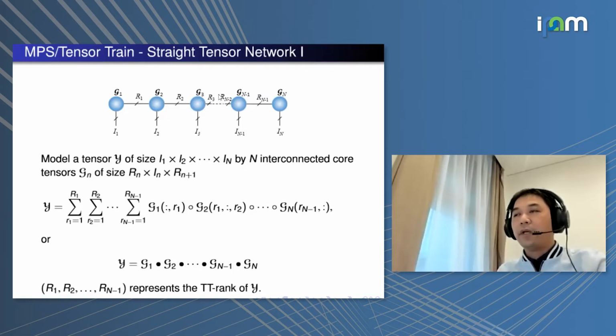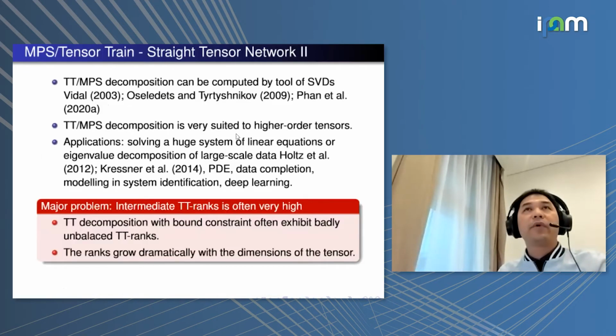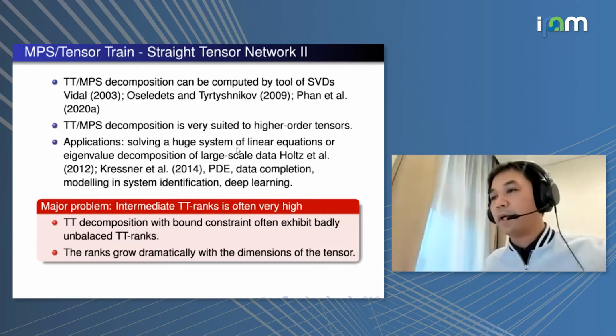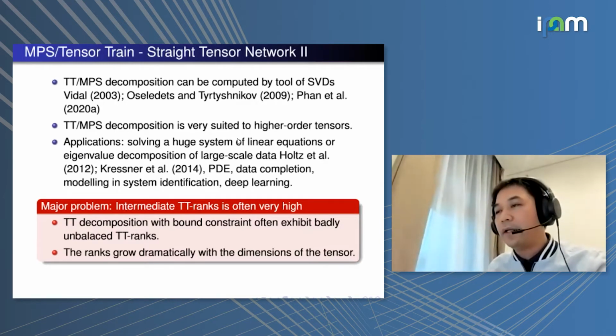So the intermediate core tensors are inside the network, so it can be G3, G4 sometimes. The size of the core tensors G2, G3, G4 is really high. And in this case, if you want to have a good compression, you lose that property due to the high intermediate rank.